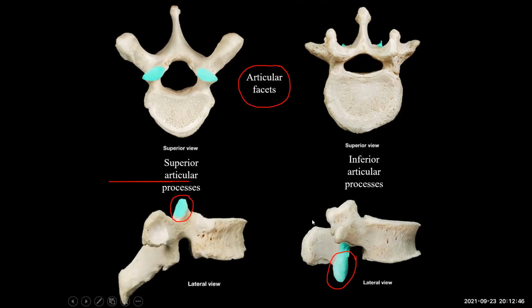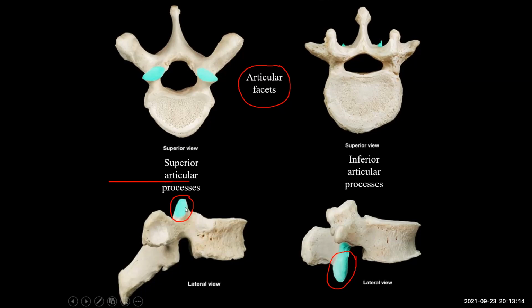You see where I'm going with this? We're going to take this bone and put it on top of this bone, and so this process is going to touch this process. So we'll say the inferior articular process of our vertebrae here on the right is going to articulate with, connect to, or touch the superior articular process of this vertebrae on our left.